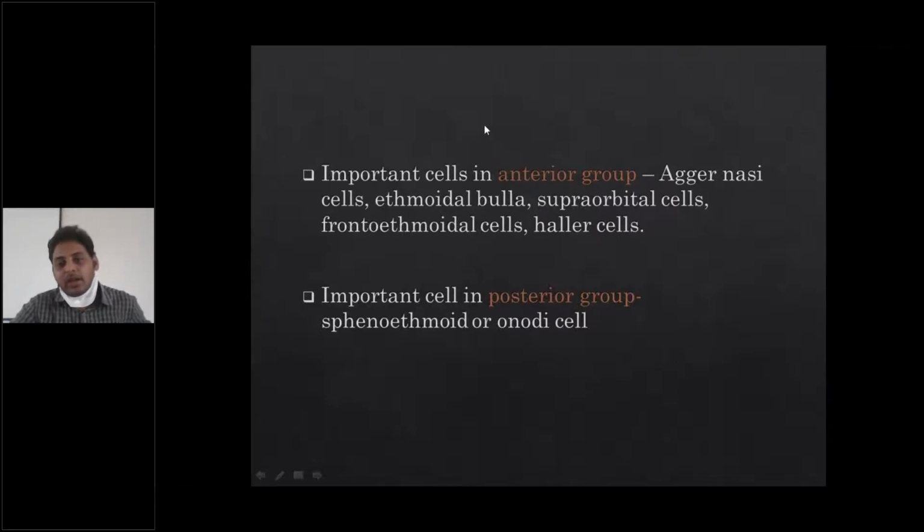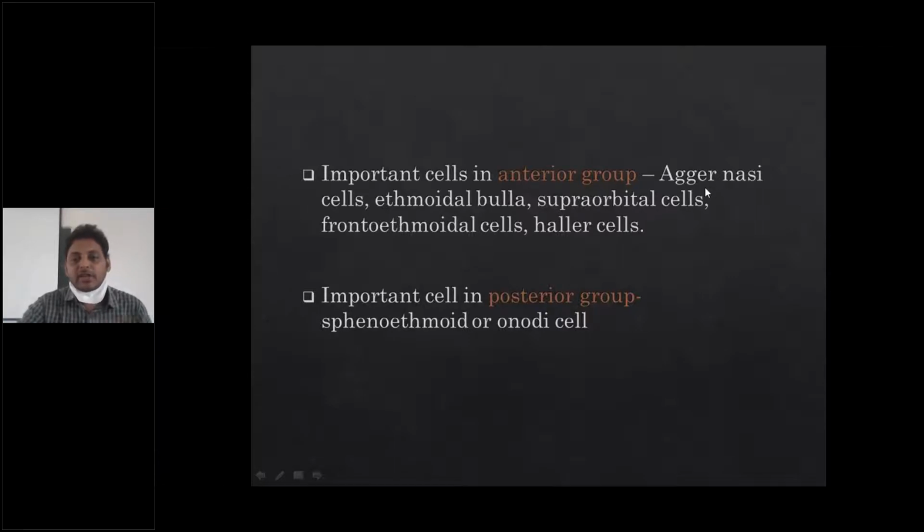Briefly, I will tell. In the process of pneumatization, the ethmoid sinus will go beyond the boundary of the ethmoid. As we said earlier, the ethmoid sinus name is derived from the bone in which it lies. The ethmoid sinus is usually restricted to the ethmoid bone, but if the pneumatization extends beyond the ethmoid bone, certain cells are present in those pneumatized regions, and the names come according to that.